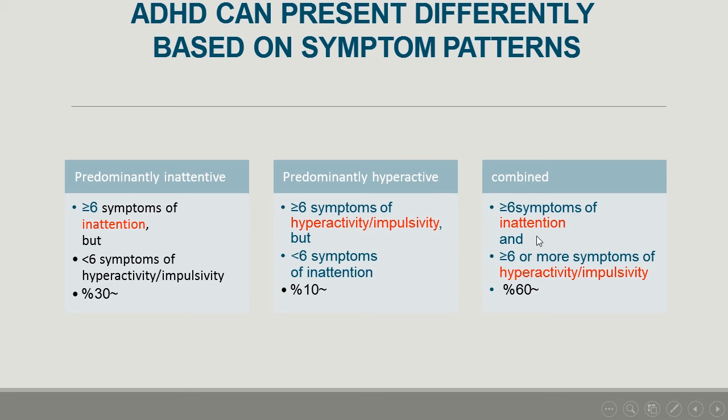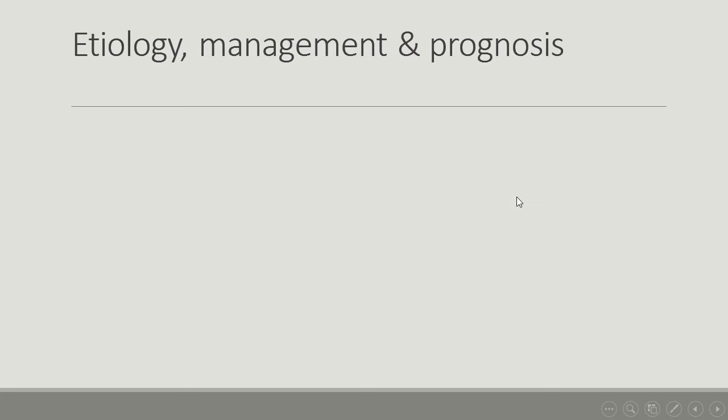Or sometimes both categories of symptoms exceed the cutoff, that is 6 or more of the symptoms, so in such a case he will be diagnosed as the combined subtype. We should know something about the etiology, management and prognosis of ADHD, but not now.